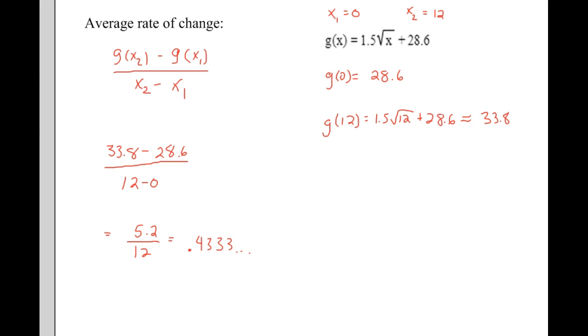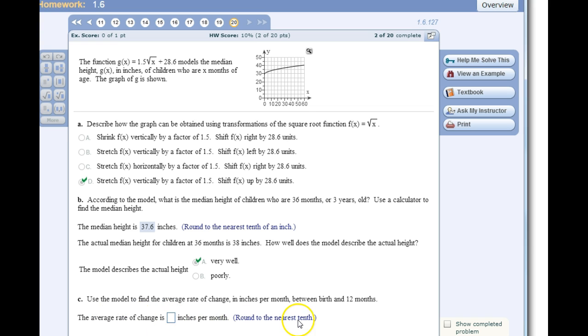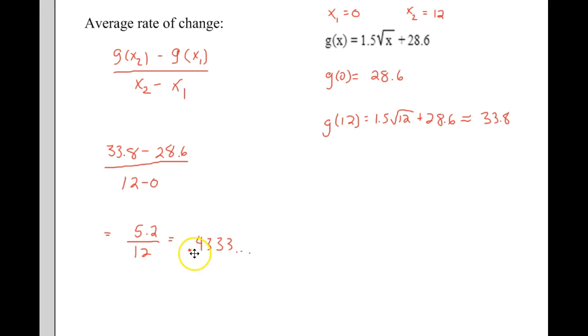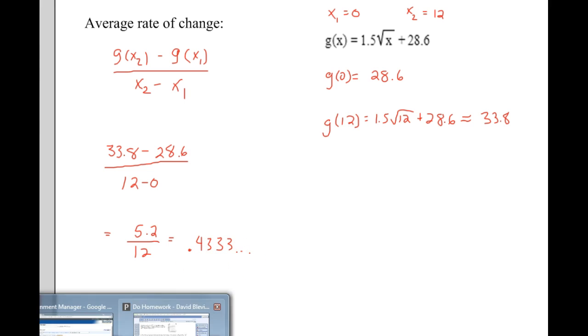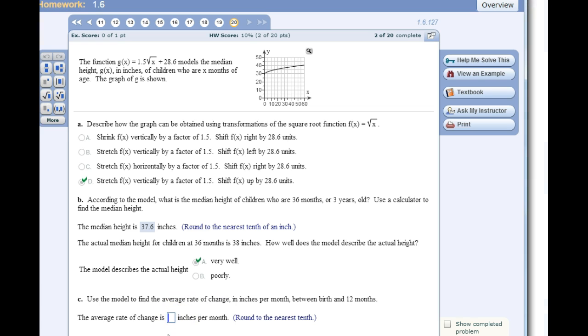It tells us to round to the nearest tenth. We got 0.433333, so rounding that to the nearest tenth would just be 0.4.